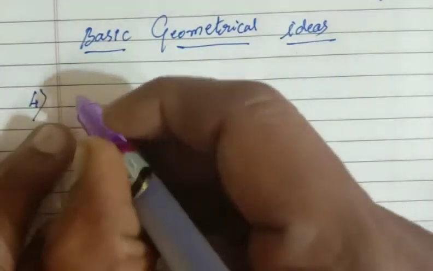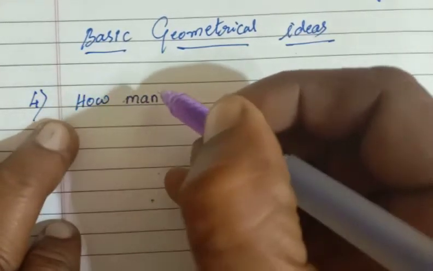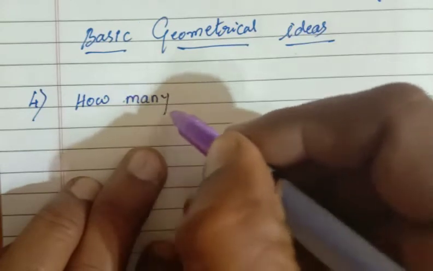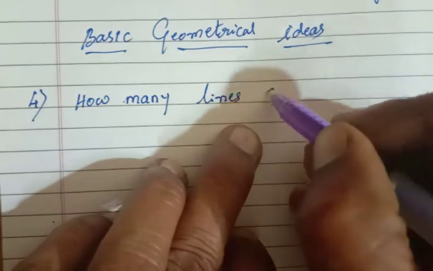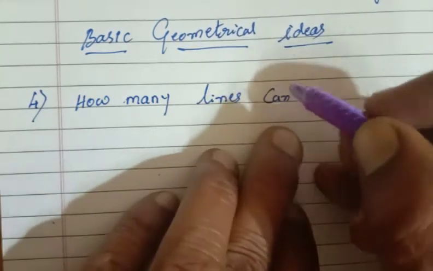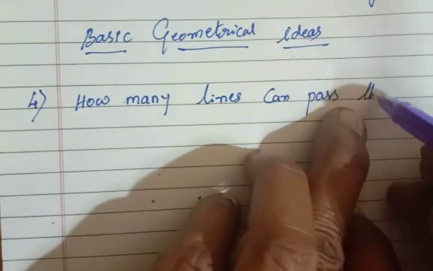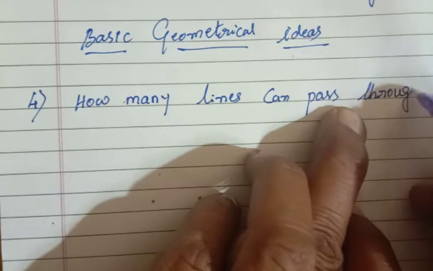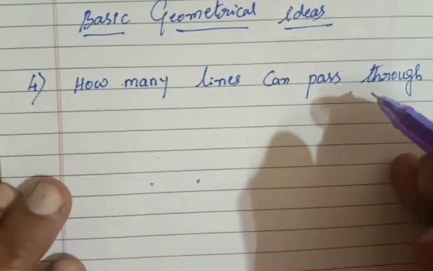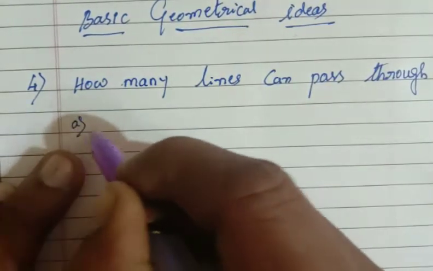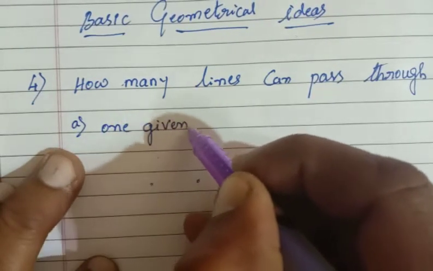Question number 4. How many lines can pass through one given point?